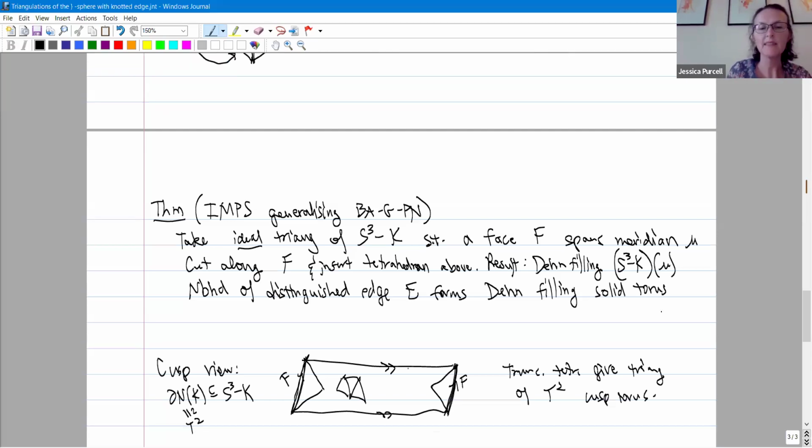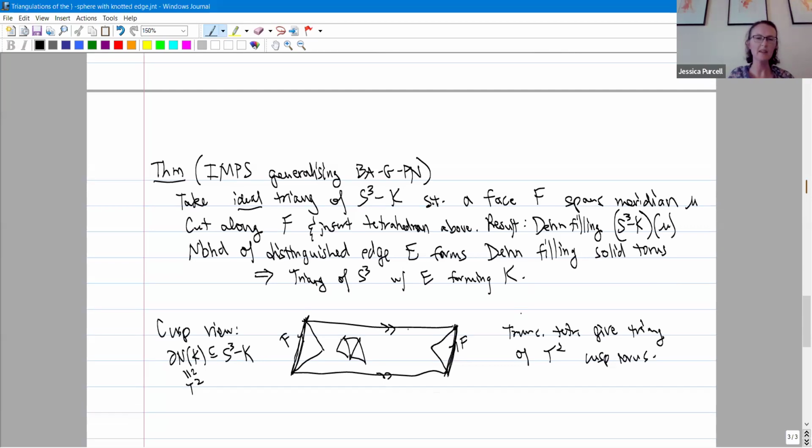And so what that means is that your result is a triangulation of the three sphere with E now the knotted edge forming K. All right, so this is how we're going to do this.